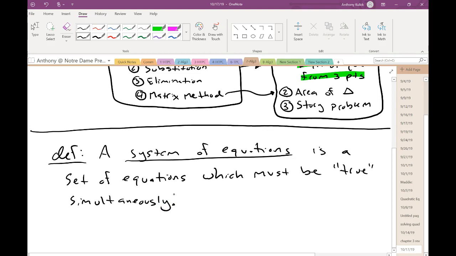So when we say a system of equations, we're talking about a set of equations, like 2, 3, 4, 5, 6 of them, whatever, that have to be true simultaneously.